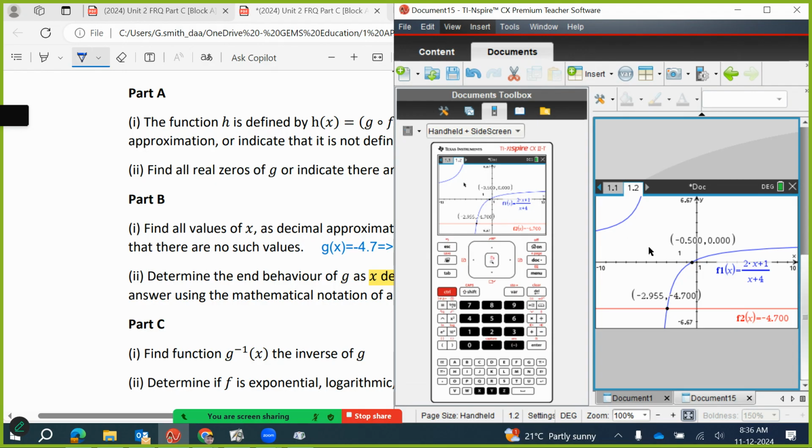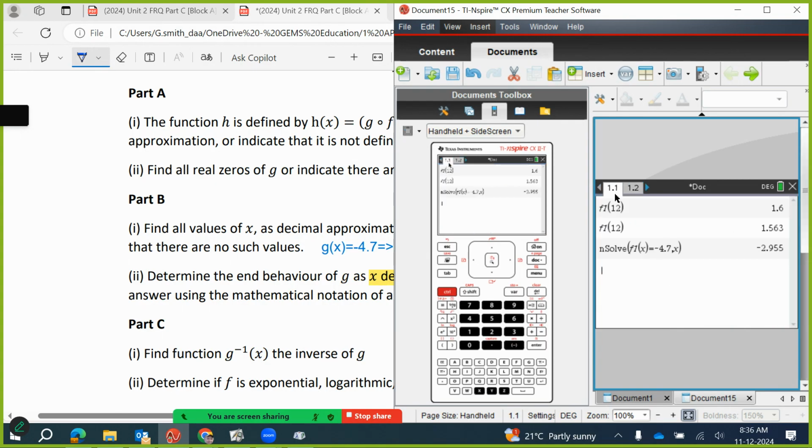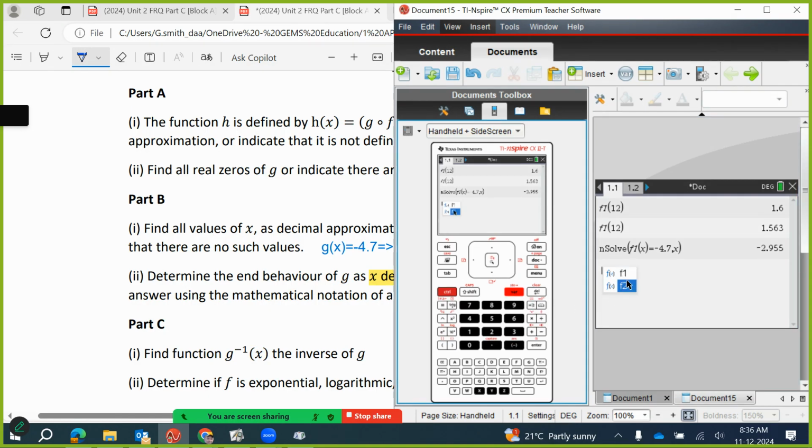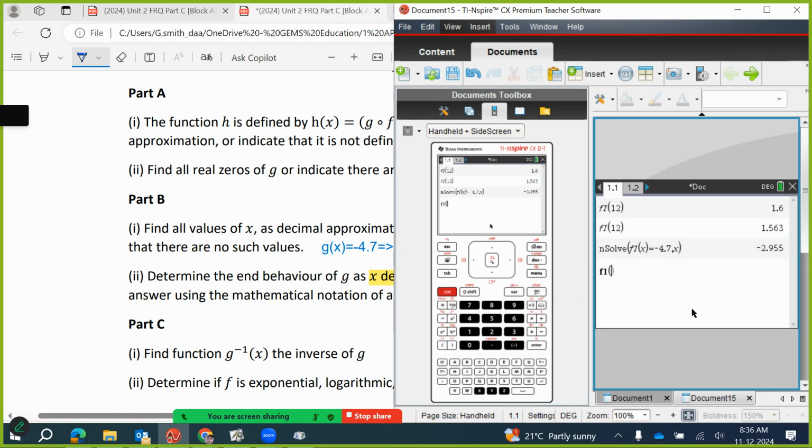So if we look at the graph, as we go towards negative infinity, we're going to some value up here. To get that value, take your function and then enter in a large negative number. Well, that value is going towards 2. You can see here that the value is approximately 2.